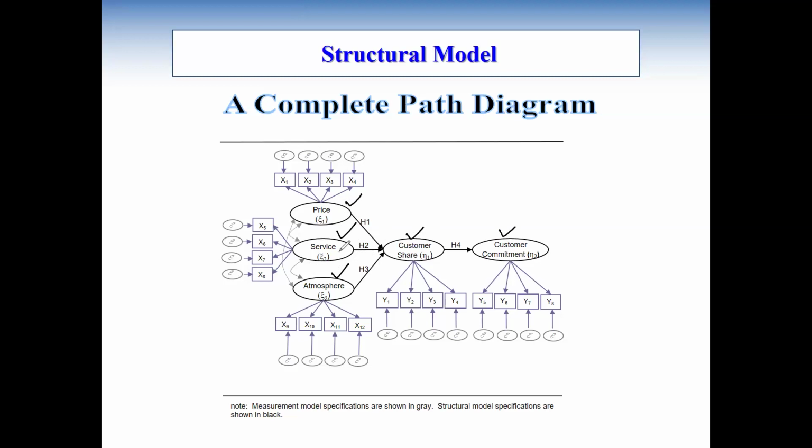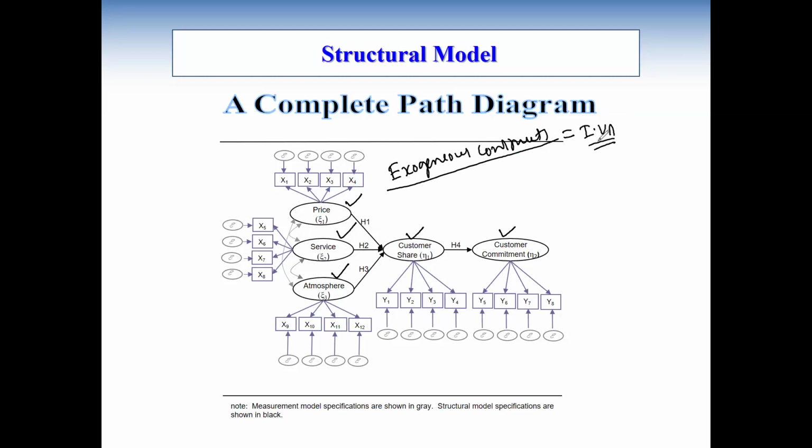These are the 5 constructs. Price, services, and atmosphere are exogenous constructs. Exogenous constructs are nothing but equivalent to the IVs.